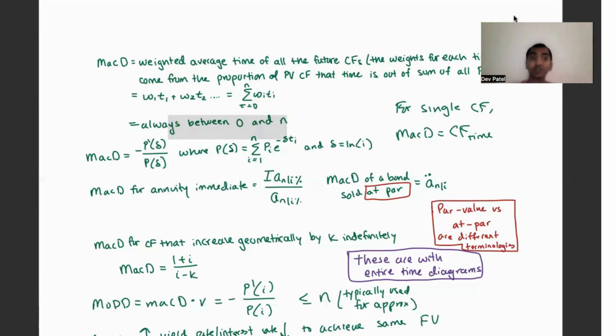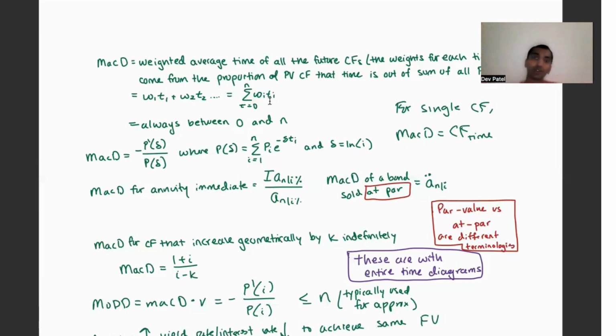So the first step you would do is convert all of the cash flows to present value. So discount all the future cash payments, multiplying by v however many times you need to get to the present. That's the first step. The second step is to see what proportion of the total present value is that specific cash flow's present value.